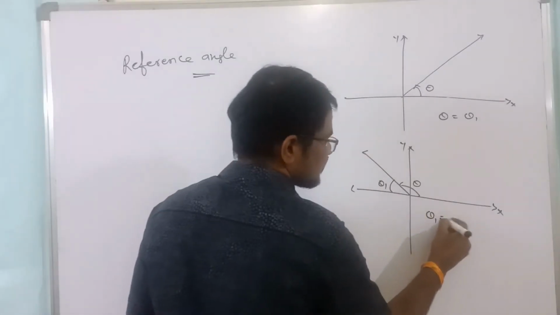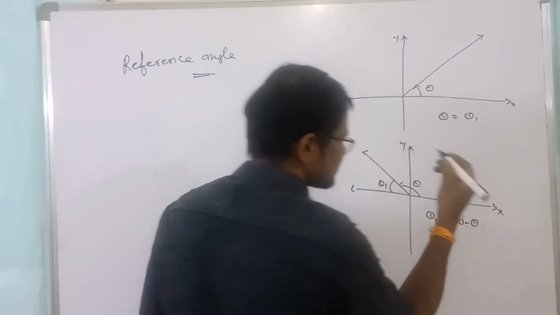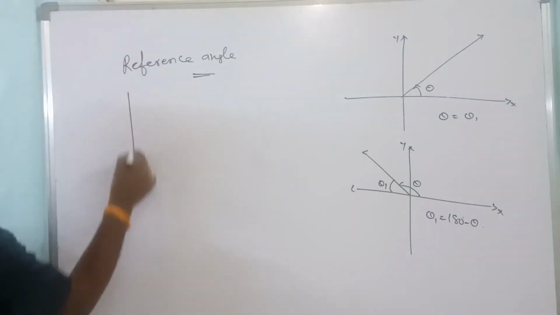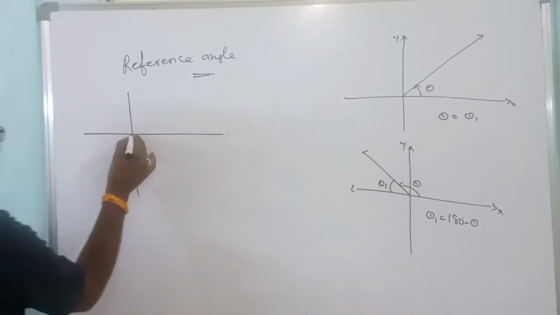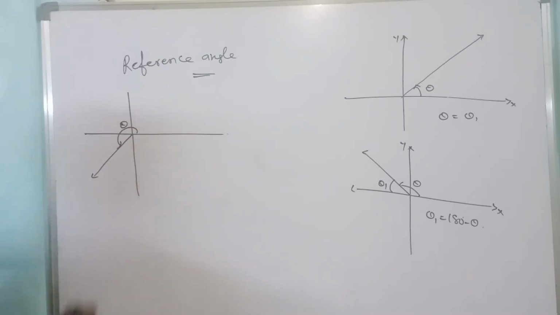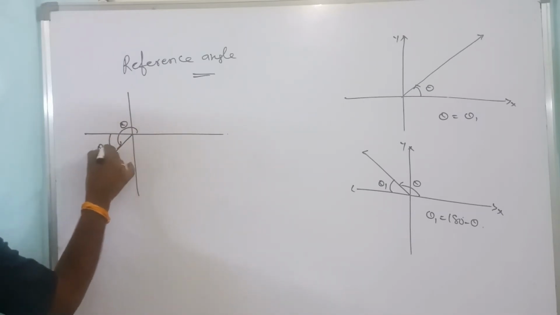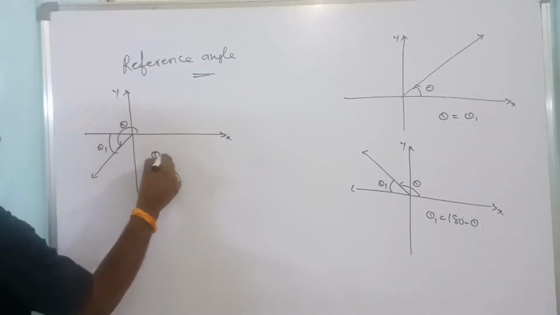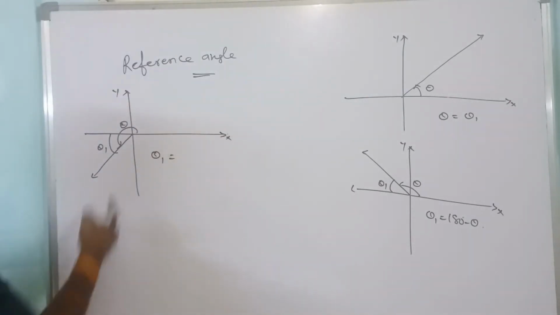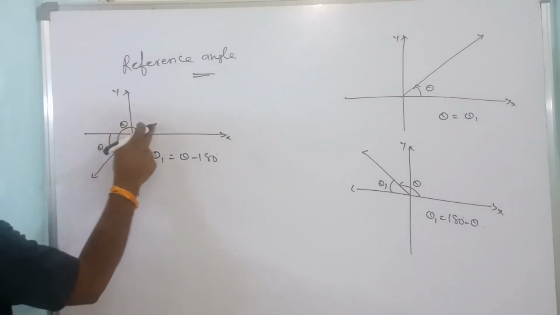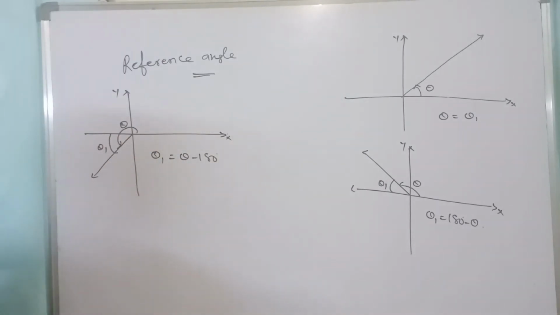So theta 1 equals 180 minus theta. Suppose the angle is in the third quadrant, this is angle theta. So the reference angle is here, theta 1, which is defined as theta 1 equals theta minus 180.